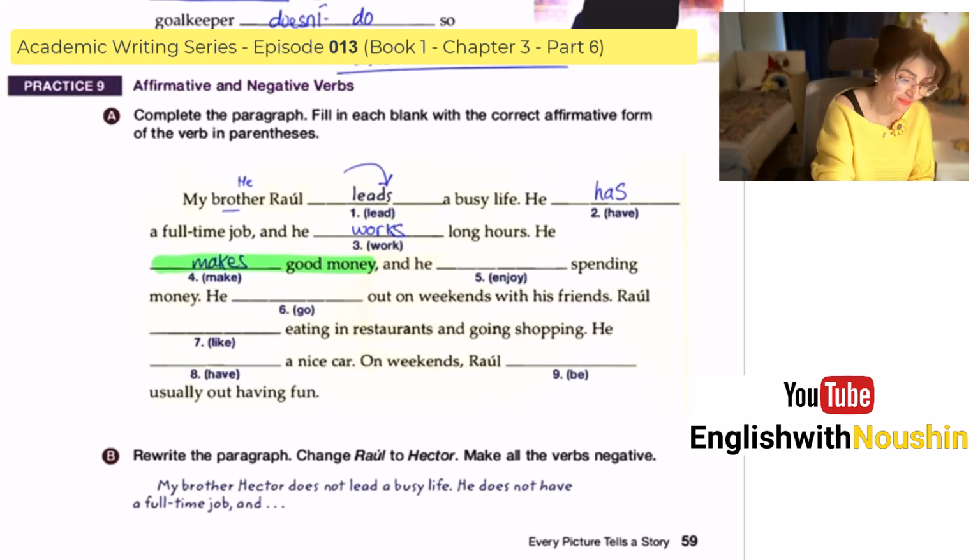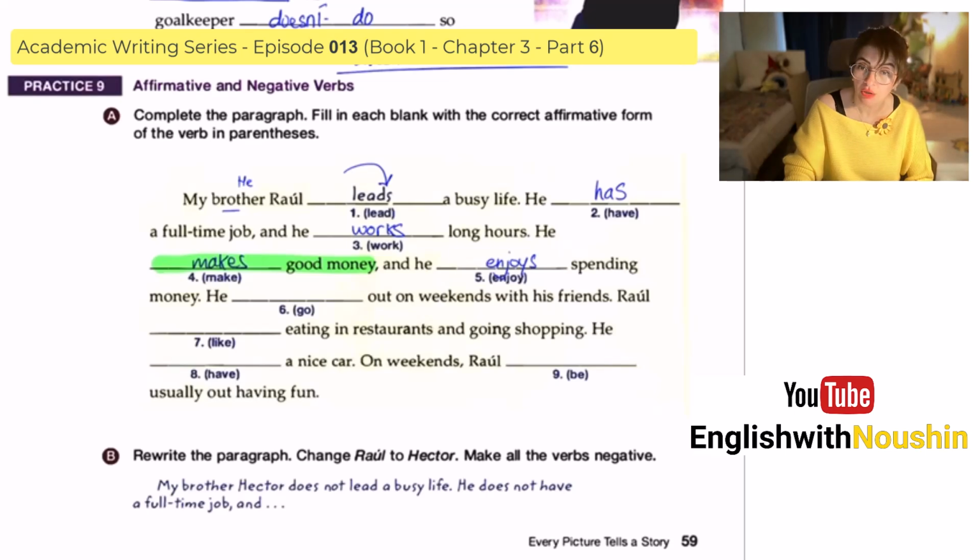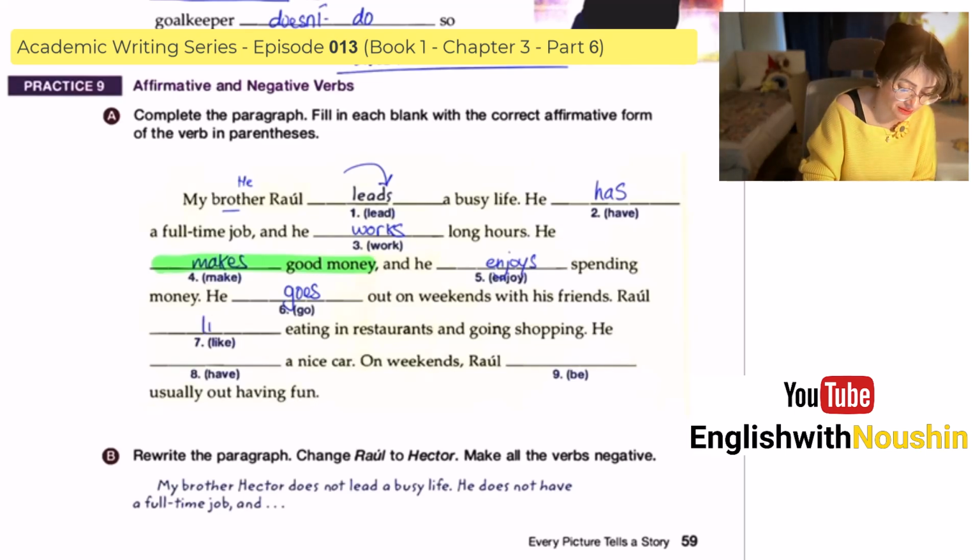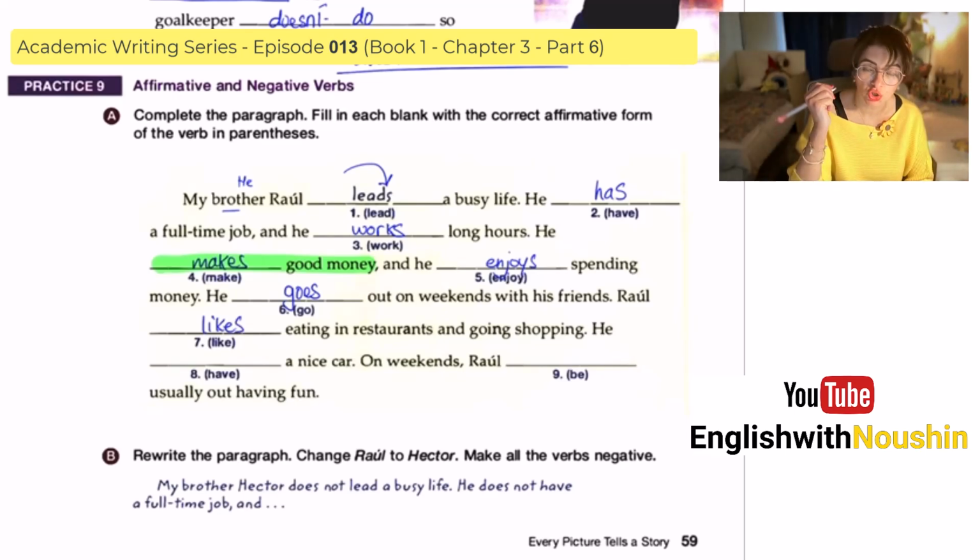And he, enjoy plus S, enjoys spending money. He, go, changes into? Goes out on weekends with his friends. Raoul, like, with S, likes eating in restaurants and going shopping.